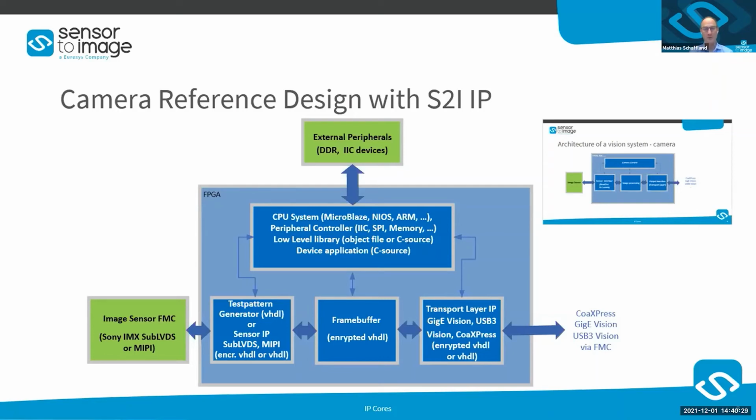And of course, in the FPGA part, you can add new blocks and new image processing parts. So typically, the part between sensor and frame buffer or transport layer, depending on the protocol, is where you put your image processing, image enhancement, or whatever functionality you need and want to implement in the FPGA in this chain.